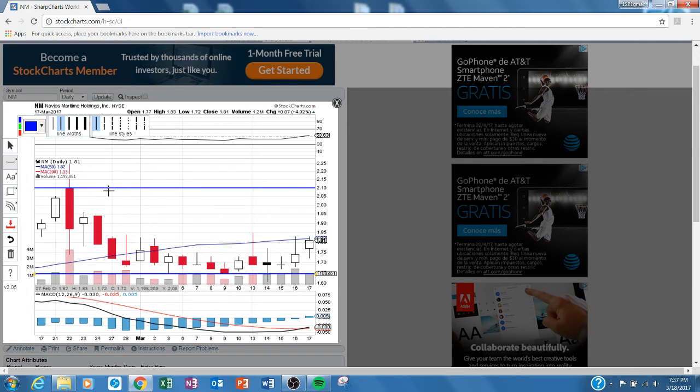So I went ahead and drew some additional lines. I drew a resistance up top and a support down below. And then I went through all those steps, and that's how I eventually made my decision to buy the stock. So that's like start to finish, you could say, of my trading process when I look at graphs doing technical analysis.